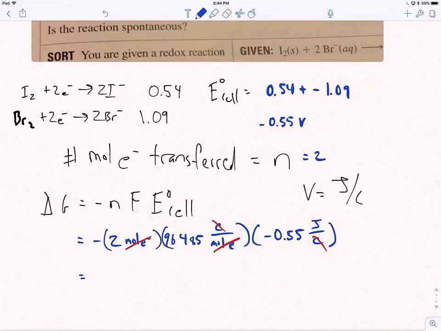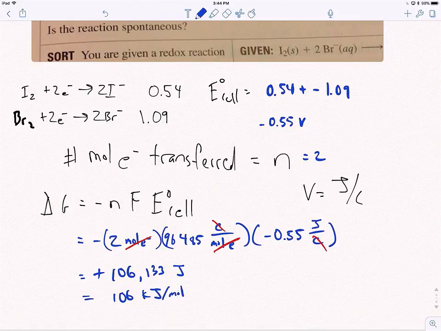Let me do my calculator. 2 times Faraday's constant, 96,485, times 0.55. And we get positive 106,133 joules, or 106 kilojoules per mole reaction.